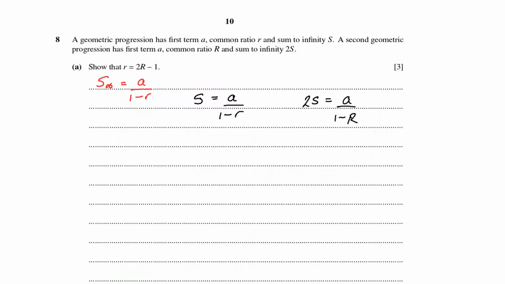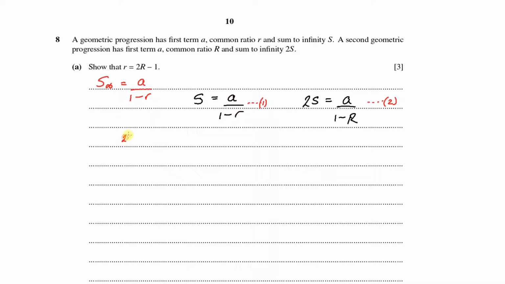So here I'm just going to substitute the first equation into the second equation, which means that in place of S in the second equation, I will put a over 1 minus r.